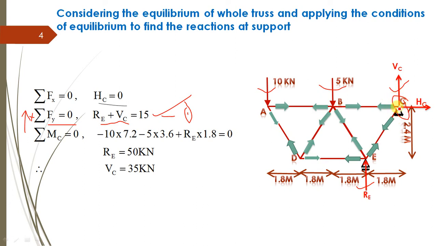So how to take the moment? For that, I have assumed anti-clockwise is negative, because I am having the PPT, there anti-clockwise is negative. You can choose anti-clockwise positive also. So there is no effect whatever sign you have considered.